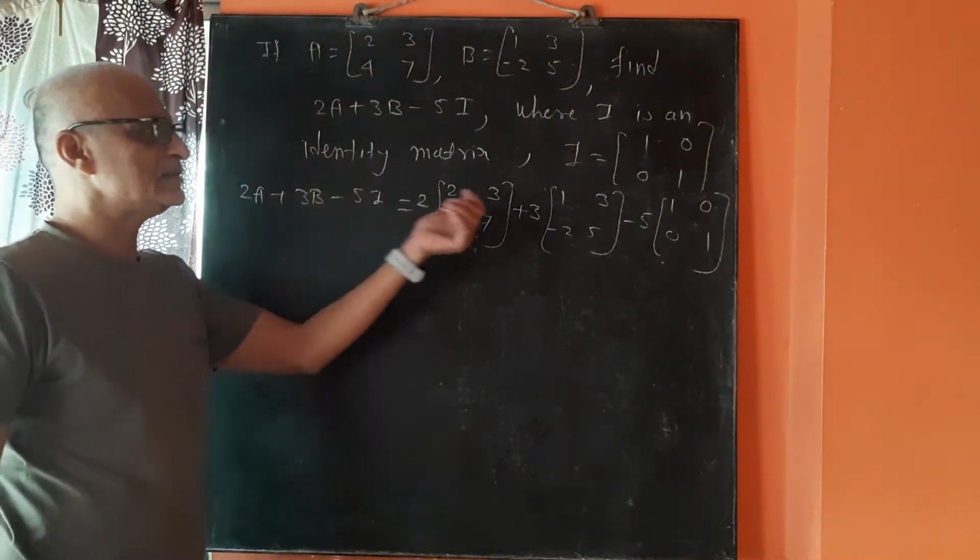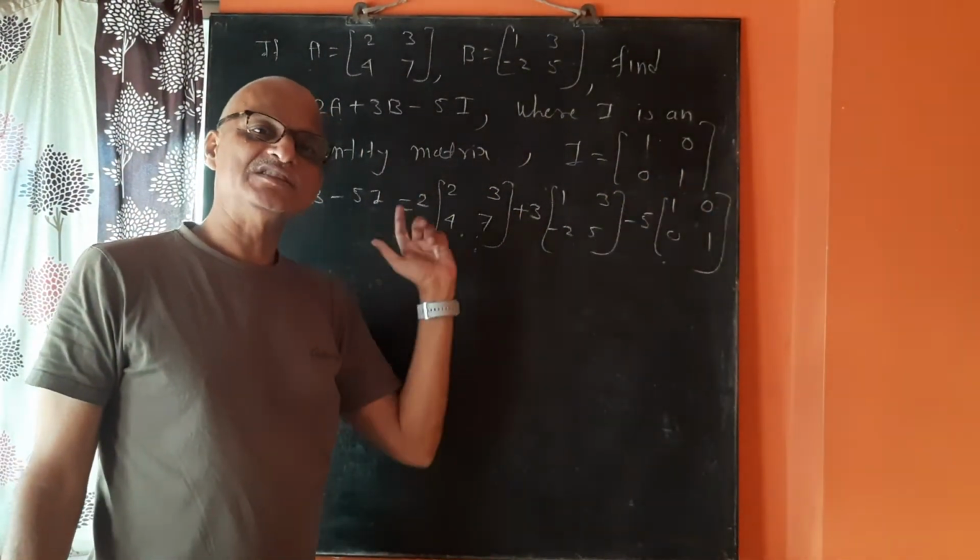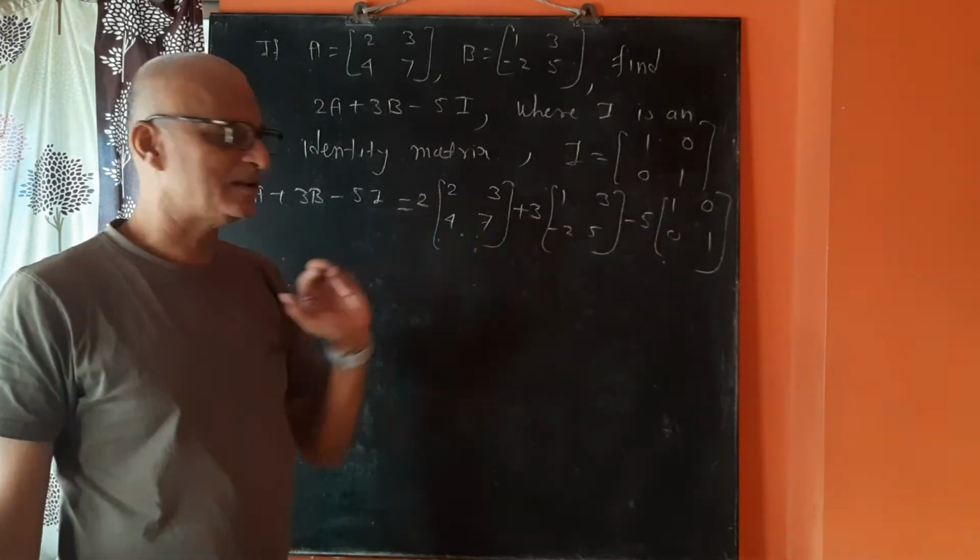Then there is a scalar multiplication. Already we have solved it in two examples. In the same way we have to solve the three matrices.